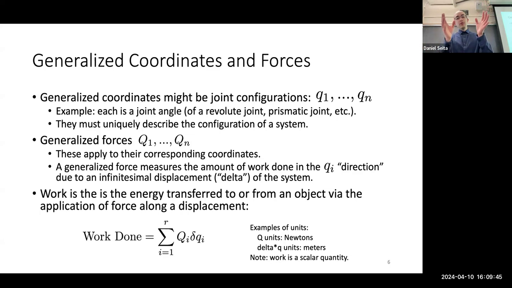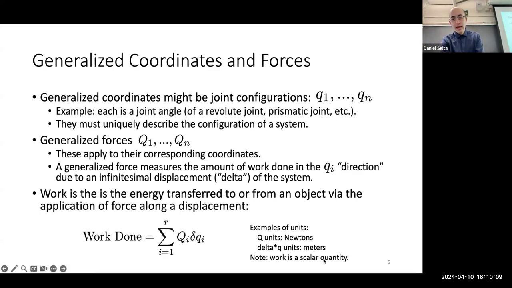A generalized force is just a way to denote some set of forces that apply on the generalized coordinate. So you might have a bunch of revolute joints or prismatic joints, and then the generalized force would be like the force that is applied on some joint to make it move.